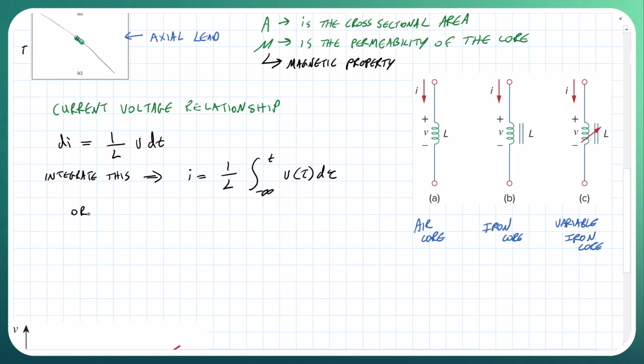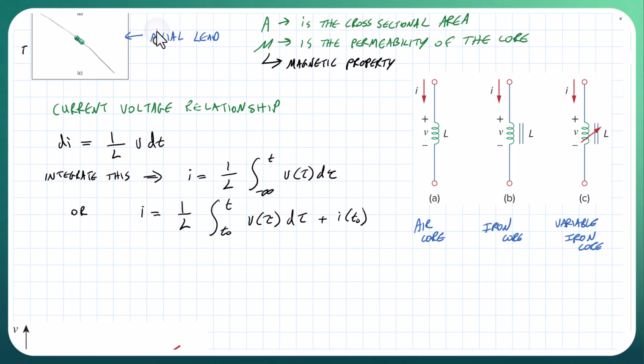Or we can rewrite this as i equals 1 over L integral from t naught to t of v(tau) d tau plus i(t naught).